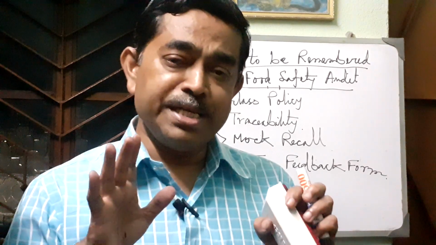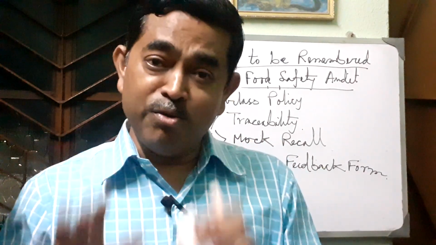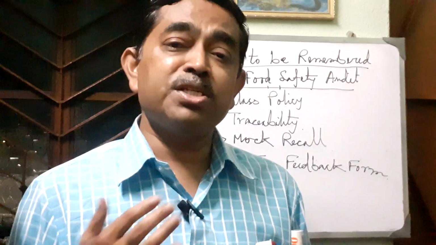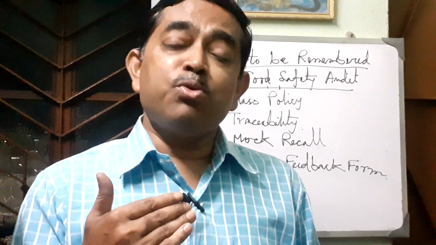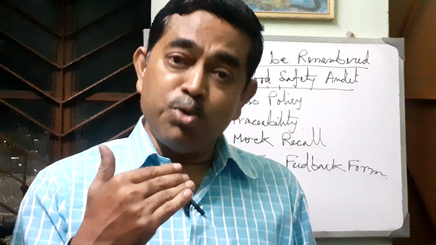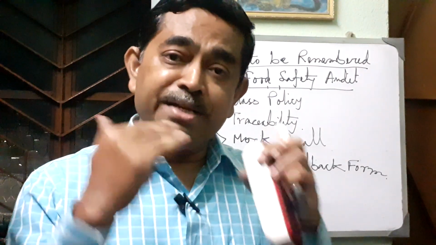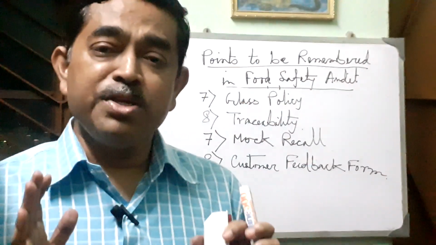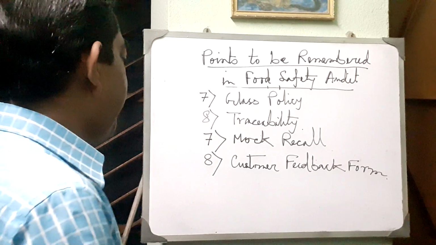You have to keep the customer feedback form on a regular basis and check it regularly. If there is a problem, try to find the root cause, analyze it, and rectify the problem. So the customer feedback form is another important thing.